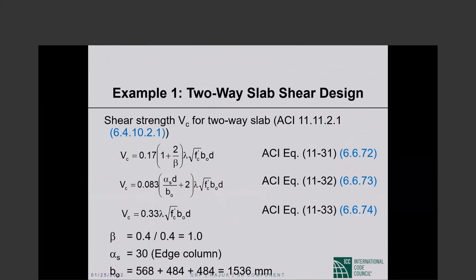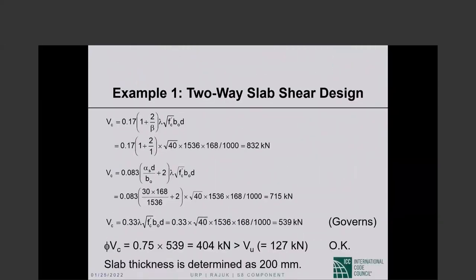We do the same computation of punching shear strength of the concrete. The beta is still 1.0, but alpha sub s changes to 30 because this is an edge column, and b sub 0 changes because there are only 3 faces to the critical section, comes to 1536 millimeters. The first formula gives us 832, second formula gives us 715, third formula gives us 539. All the numbers are smaller than for the interior column, as you would expect.